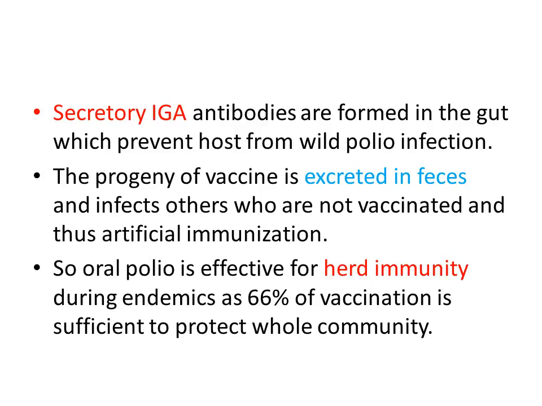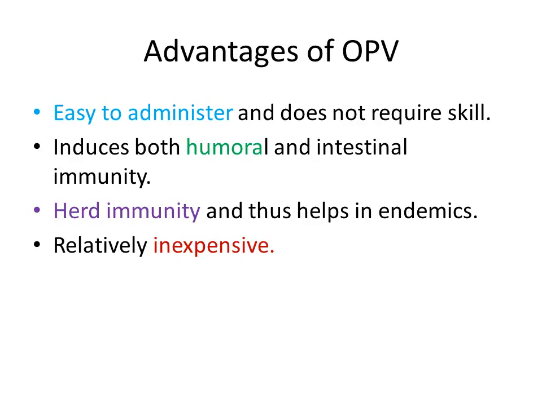This herd immunity is not present in IPV, the injected polio vaccine. The main advantage of herd immunity is that it is useful in endemics. Now, advantages of OPV: it is easy to administer and induces both humoral immunity, by humoral antibodies, and intestinal immunity, by secretory IgA antibodies.